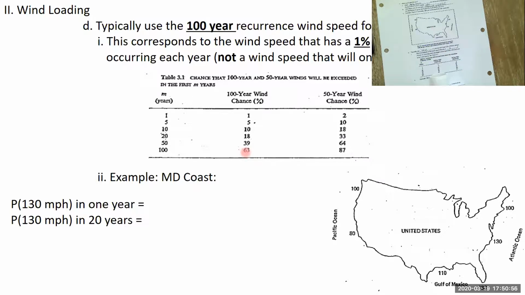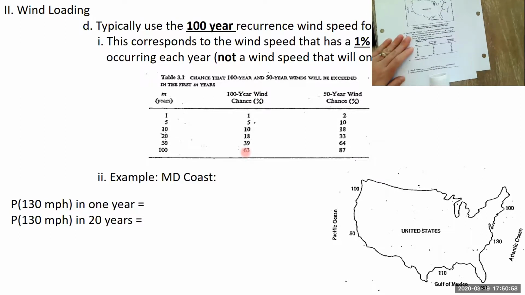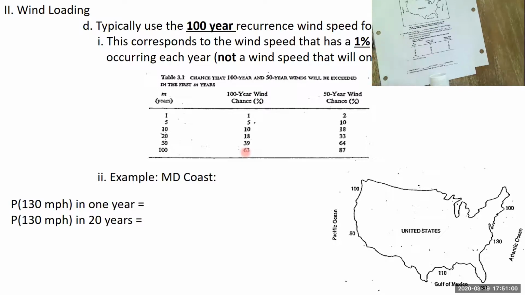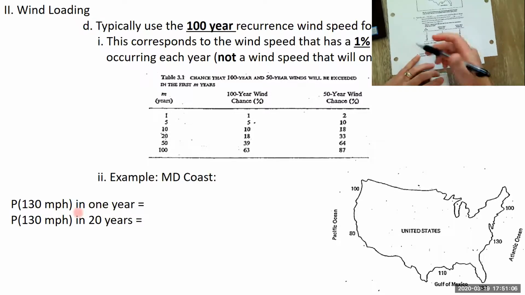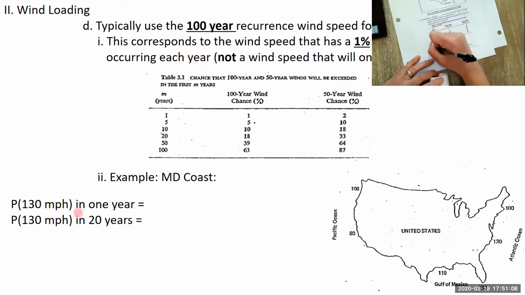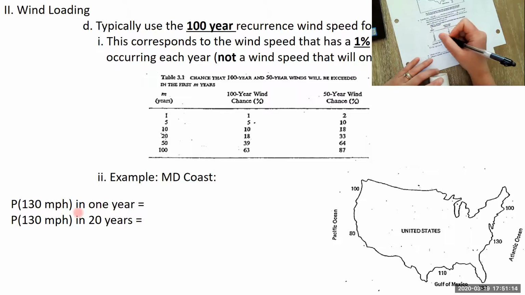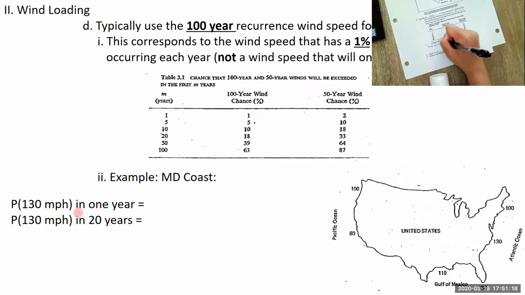How do they get these numbers? So let's do an example for the Maryland coast. So the probability that I have a 130 mile per hour wind in any given year is equal to 0.01 or 1%.